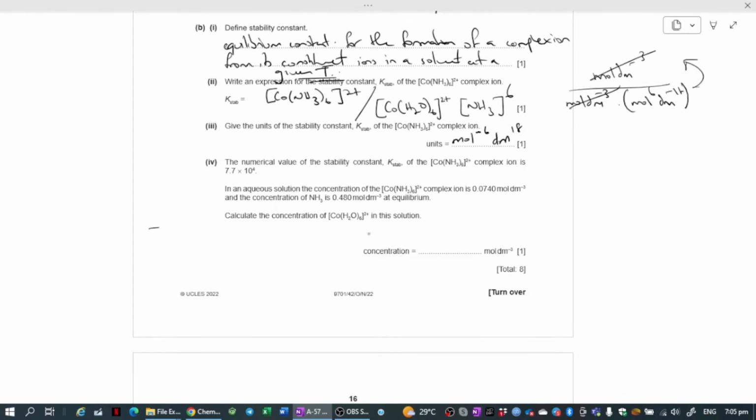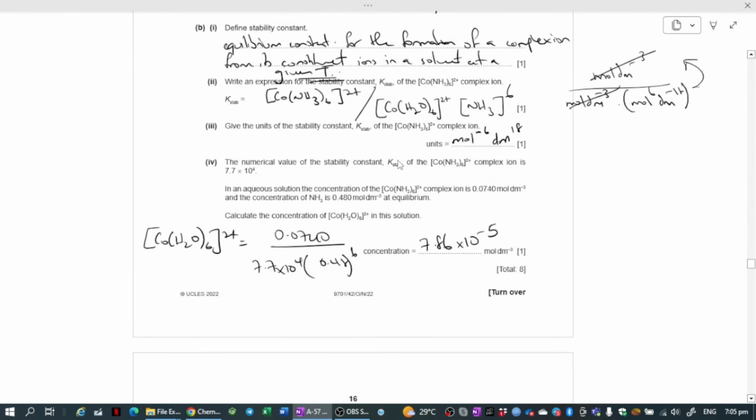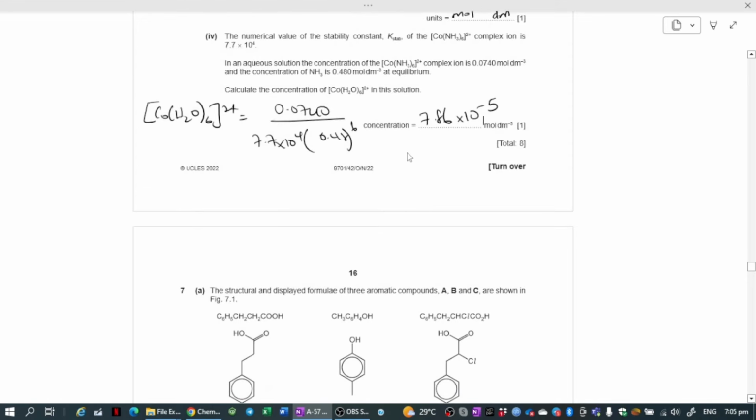So the concentration of [Co(H2O)6]2+ would be, actually, the concentration of the ammonia complex, which is 0.0740, all over the Kstab value, which is 7.7 by 10 to the 4, multiplied by ammonia, 0.48 to the power 6. And this should give 7.86 by 10 to the minus 5 moles per cubic decimeter. Good, and that is question number 6.